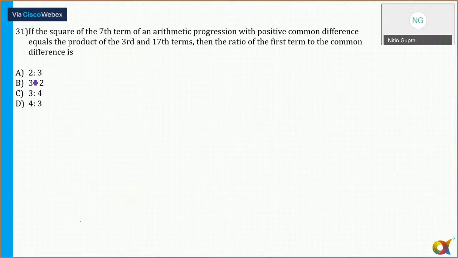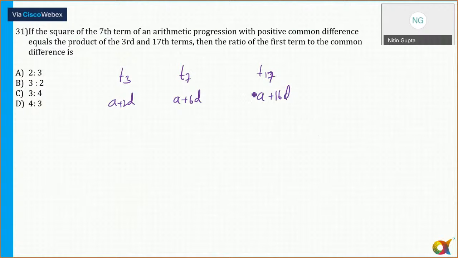Now, next question number 31. If the square of the 7th term, T7, of an arithmetic progression with a positive common difference is equal to the product of the 3rd term and the 17th term. Okay, so 3rd term is A plus 2D, 7th term is A plus 6D and 17th term is A plus 16D.